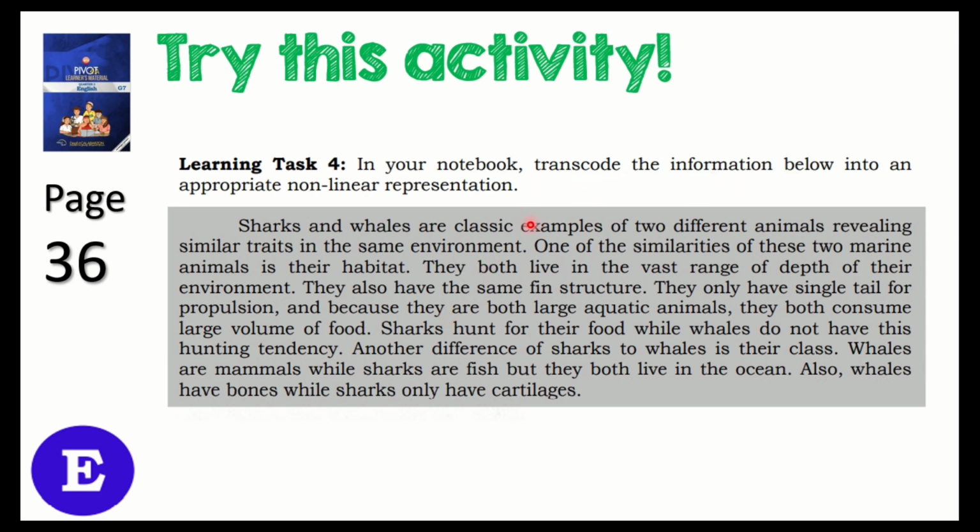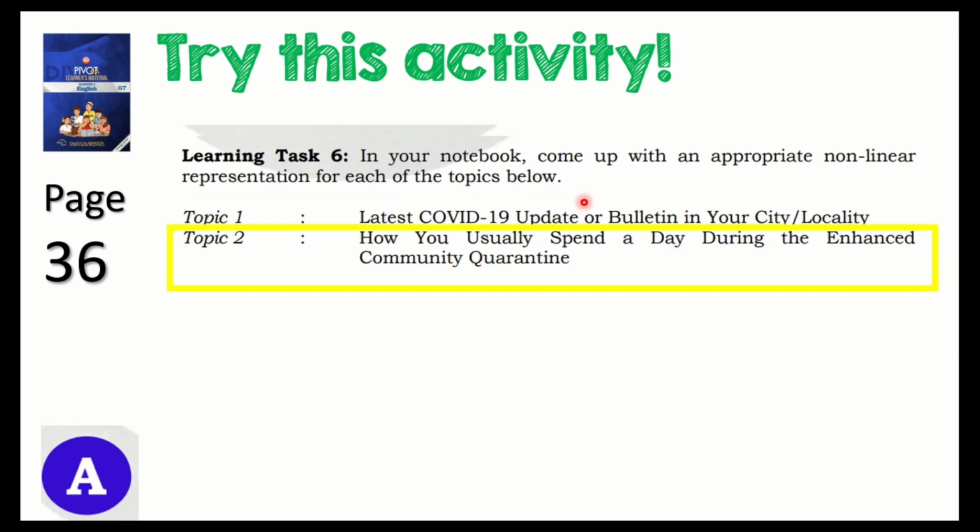Transcode the information below into an appropriate nonlinear representation. And the last activity is learning task 6. Using the answer sheet, come up with an appropriate nonlinear representation just for topic 2.